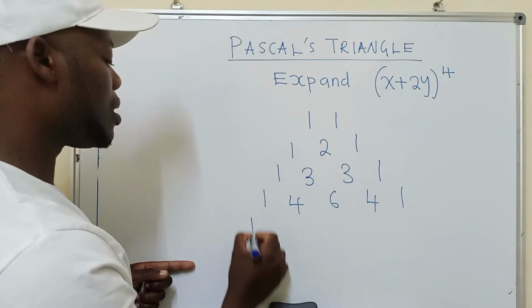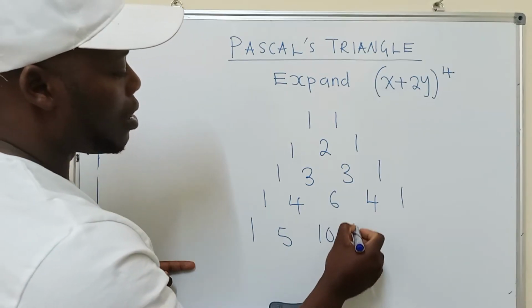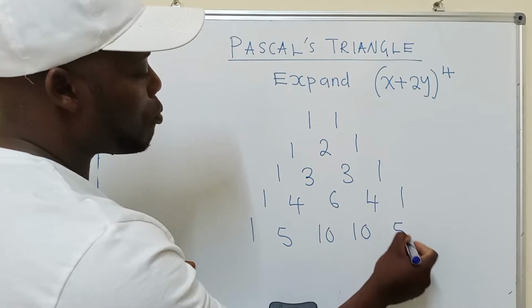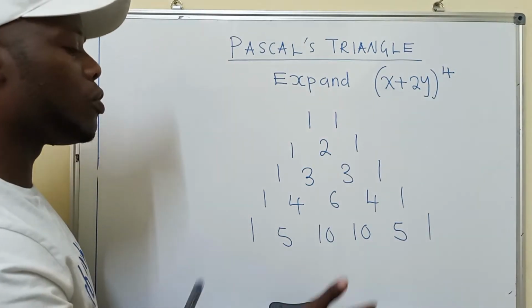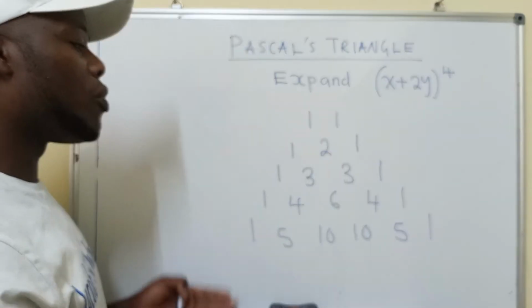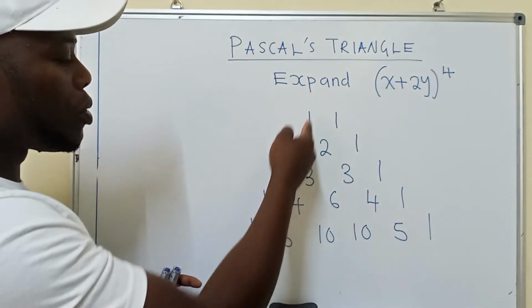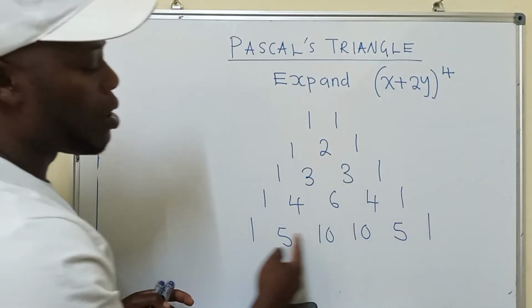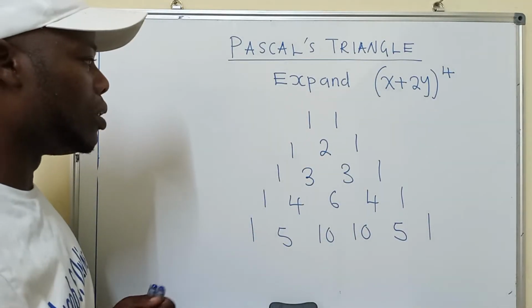Once you understand, you'll be able to expand expressions with bigger powers. You can move up to the power that you have, or more, for as long as you are forming this triangle. I guess you're able to see the triangle being formed.